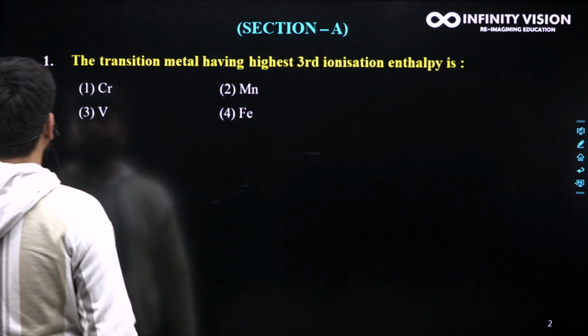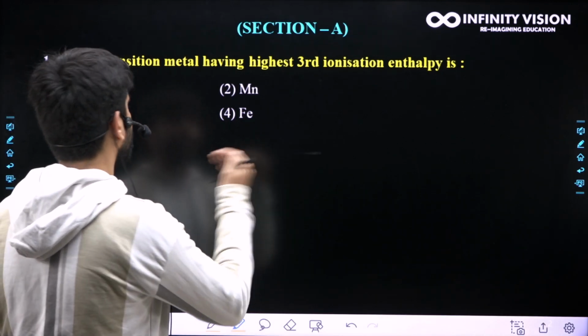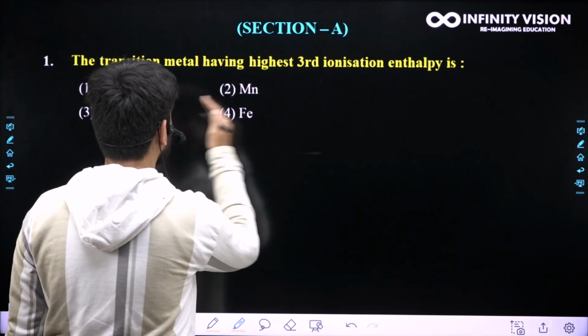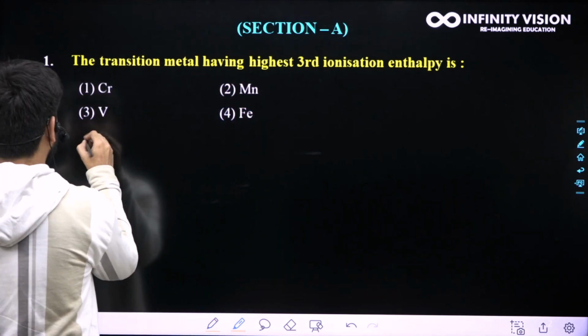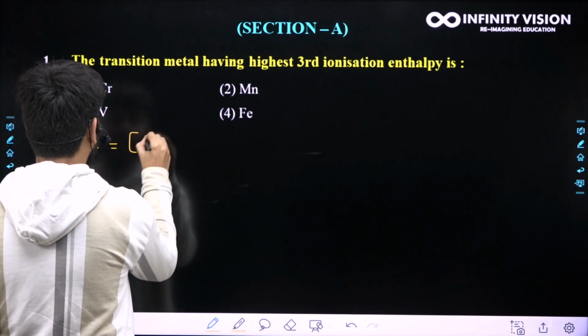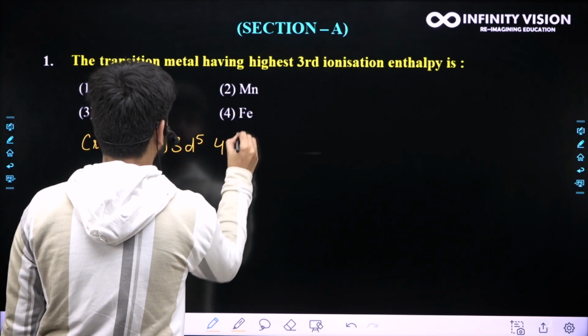Here is the question number 1. The transition metal having highest third ionization enthalpy is, we have 4 options: chromium, manganese, vanadium, and iron. Let us write their electronic configuration. Chromium is argon 3d5 4s1.